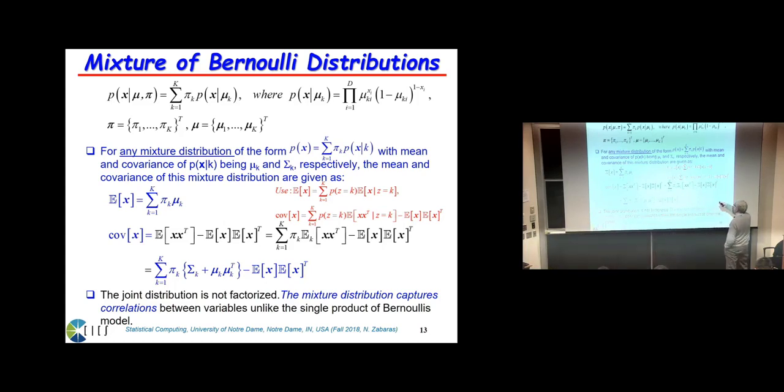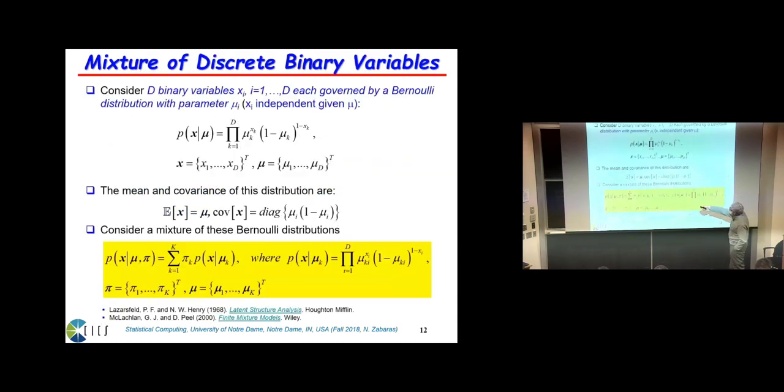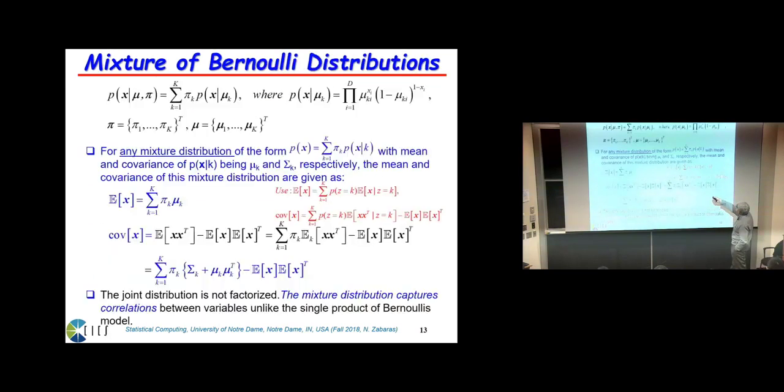So the expectation of X is the same as the expectation of X conditioning on Z times the probability of Z. And this expectation we know because I told you before, the expectation is equal to mu for each component. And so effectively, this is the prior pk. So the expectation is the summation of pk times mu k.